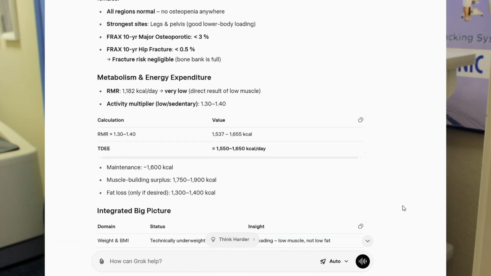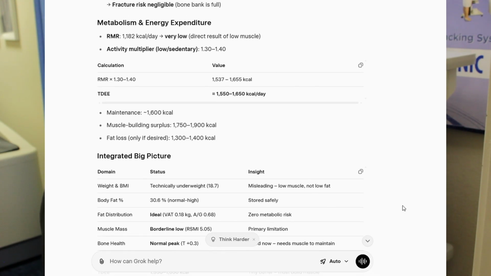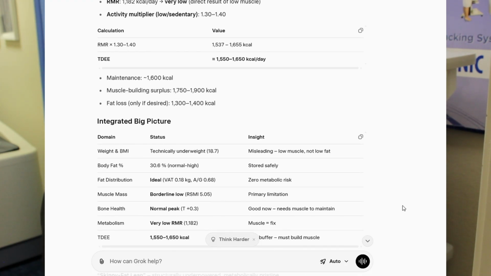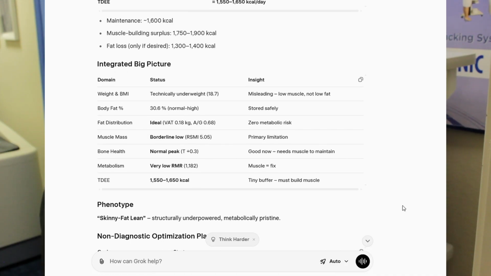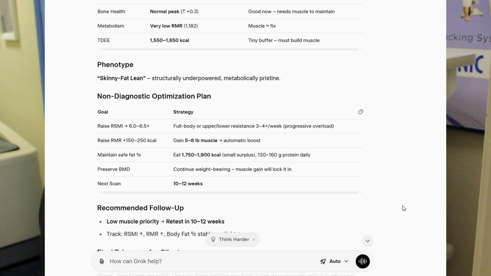Then you got metabolism energy, which they calculated the total energy expenditure. Awesome. Big picture here. Awesome. The phenotype. This is skinny fat. That's kind of funny, and that's exactly what's going on.